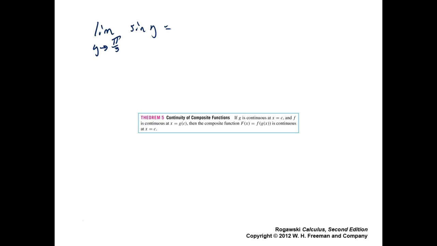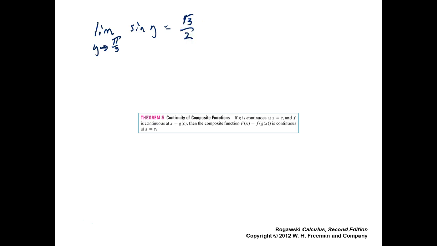Not 0. Sine is 0 at 0, pi, 2 pi, 3 pi, all your multiples of pi. Pi thirds is not a multiple of pi. Square root of 3 over 2. Bingo. Yeah, the square root of 3 over 2.